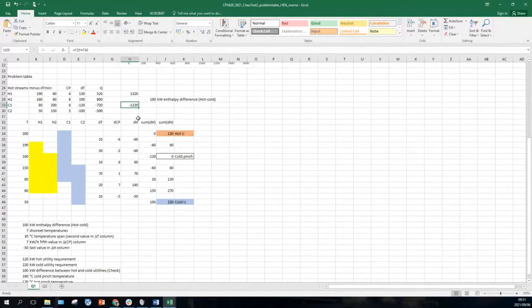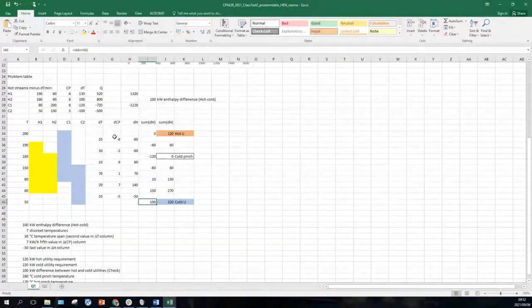So we're going to need more cold utility than hot utility, because we need to cool down hot streams. We need more enthalpy to cool down the hot stream than we need to heat up the cold stream. So we need more cooling water than steam by 100 kilowatts. So again, you have to check that to make sure that you haven't made a mistake when you worked out the DCPs, delta CPs.